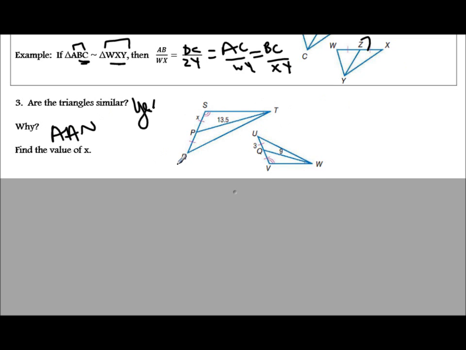Now, because we've proven that these two triangles are similar by angle-angle similarity, we can say that their medians, because they have a vertex to an opposite side at the opposite side's midpoint, are going to be proportionate to the corresponding sides.